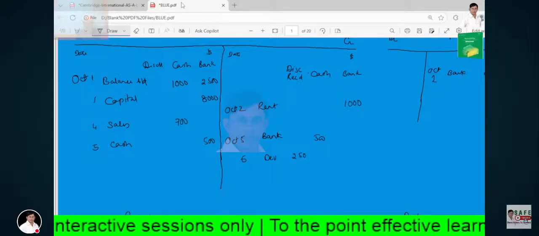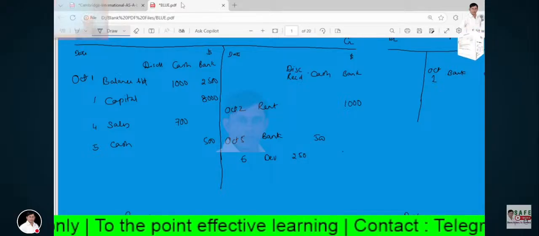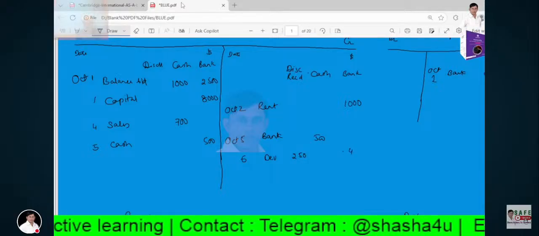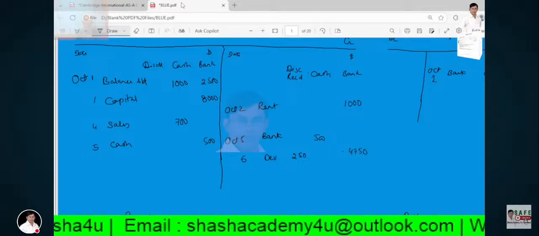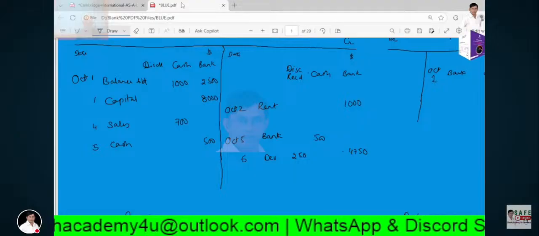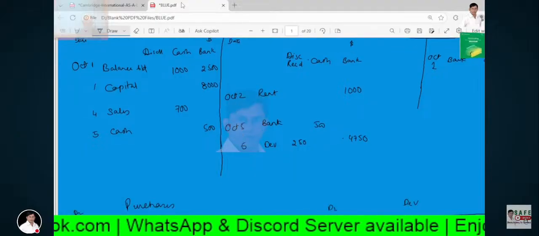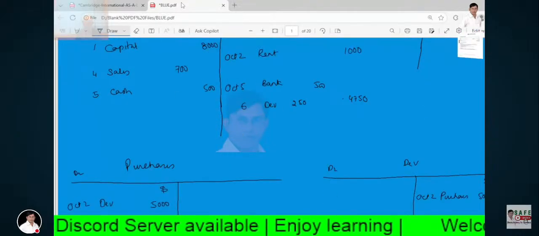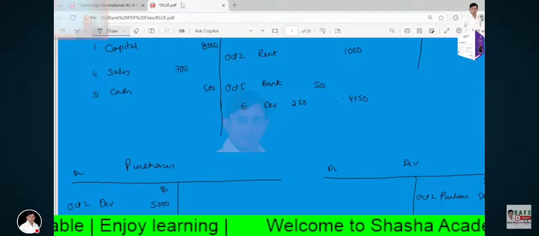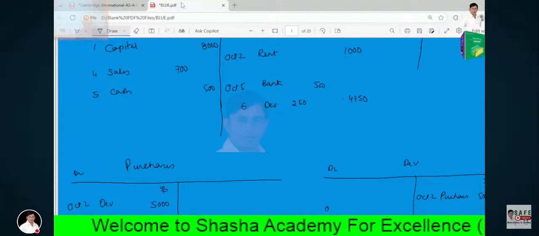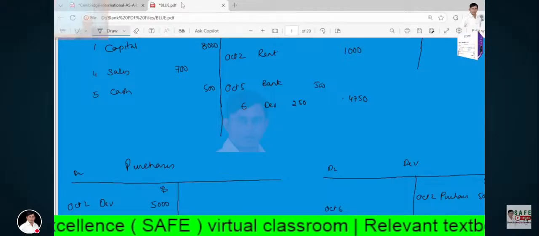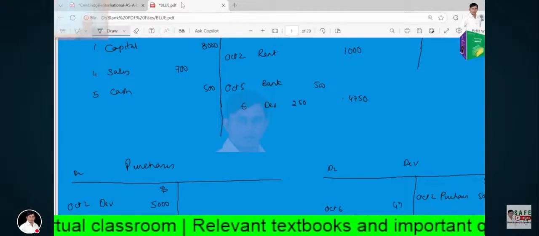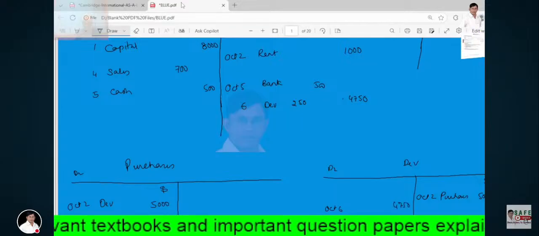Discount received is 250, and money is going out from the bank, 4,750. So to whom have we paid? We have paid to them, when we have paid on October 6th. We have paid bank 4,750.